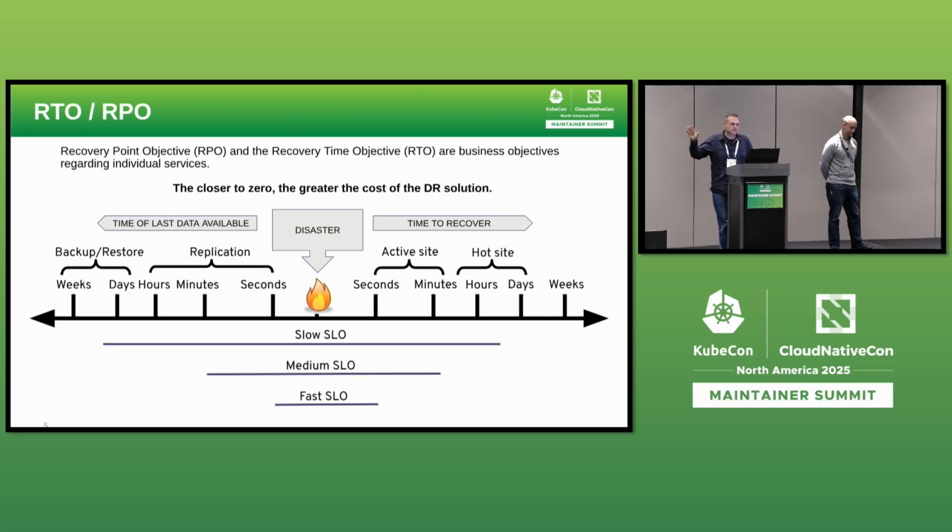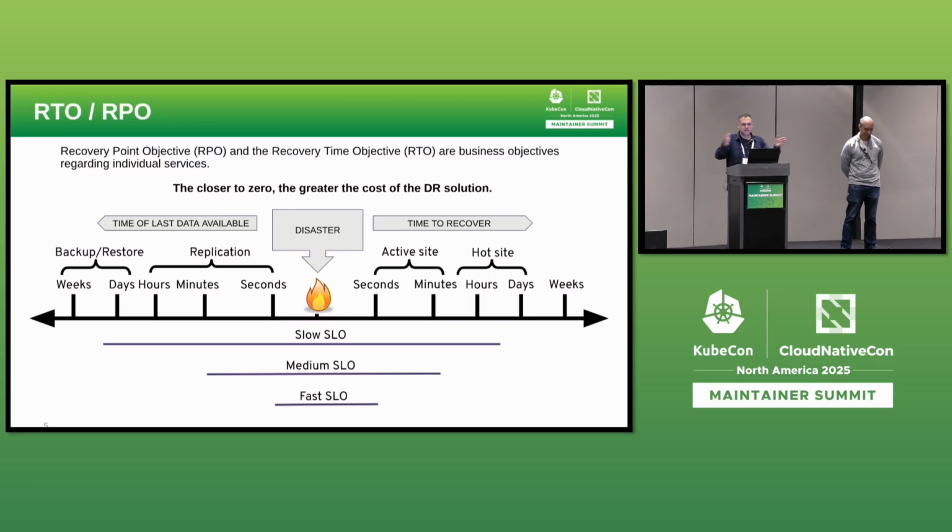And here is a graphic to explain this, because I was talking to Raffaele. I'm not that smart. I want to see a nice picture. So you have the disaster right in the middle. Before, in seconds, minutes, and hours, is the time of the last data available. And after the disaster, how long you're going to need for the application to recover.